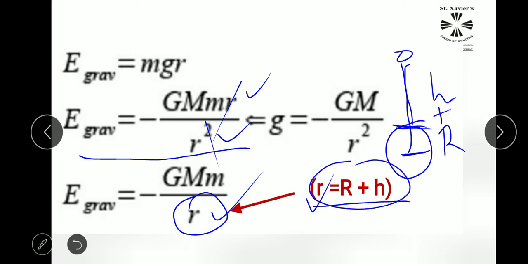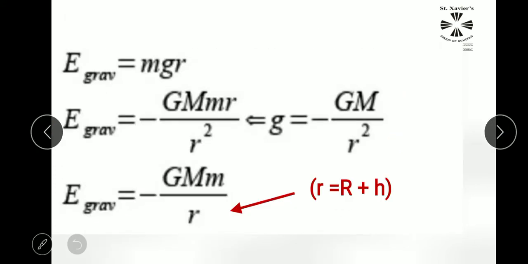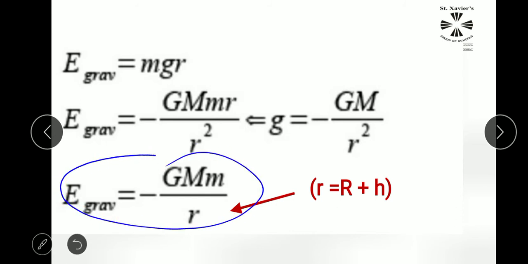This small r is nothing but capital R plus h, radius of the earth and height from the surface of the earth. So this is your gravitational potential, students. Now we are having gravitational potential is equal to minus GM upon r. So gravitational potential energy is given by minus GMm upon r, students.